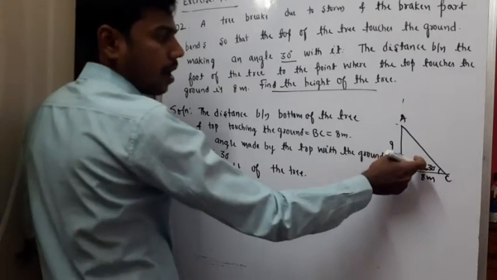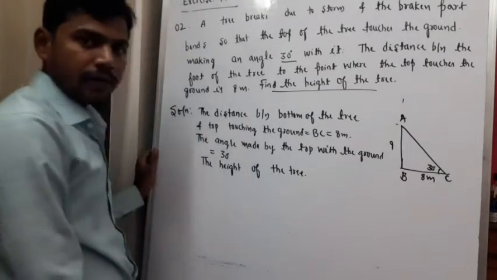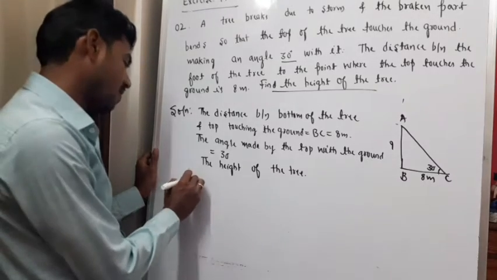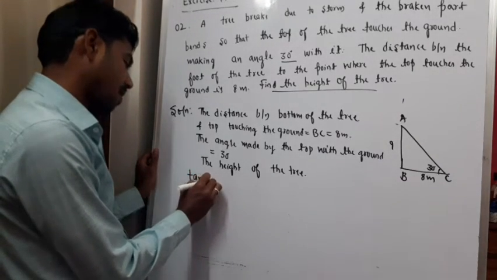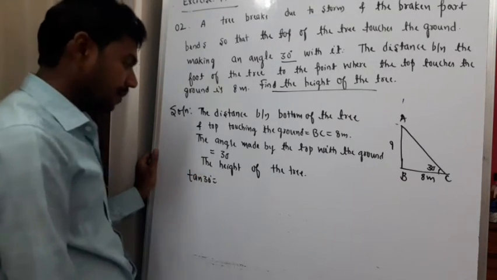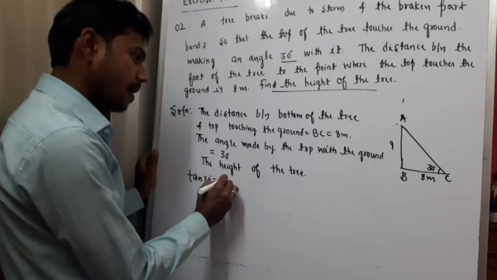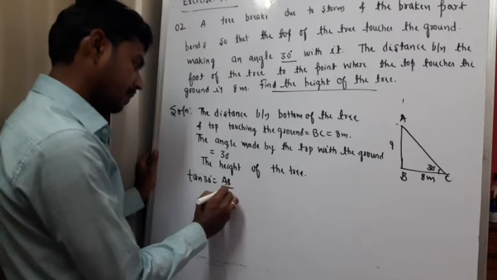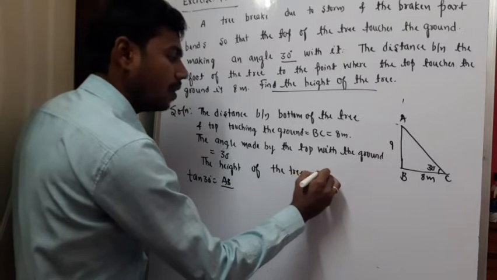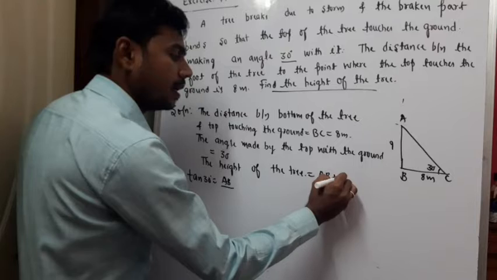See, opposite by adjacent. What do we need to use? I need to make use of tan 30. Tan 30 is equal to opposite, that is AB, by adjacent. The height of the tree is equal to AB plus AC.